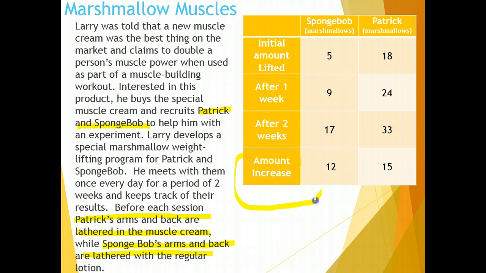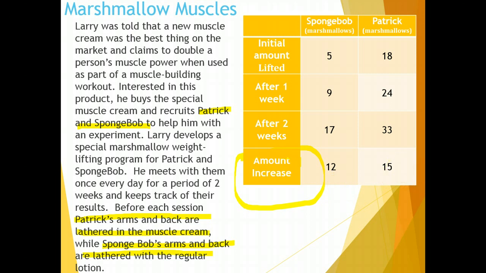Notice, this is an important factor. At the end, Larry determined how much increase SpongeBob and Patrick had gained. How many more marshmallows could they lift at the end versus the beginning? SpongeBob's increase was 12 marshmallows, while Patrick's increase was 15 marshmallows.